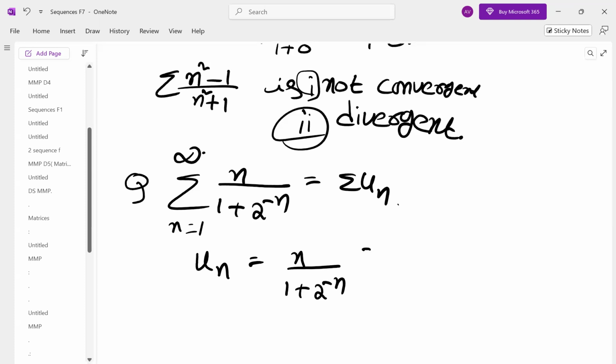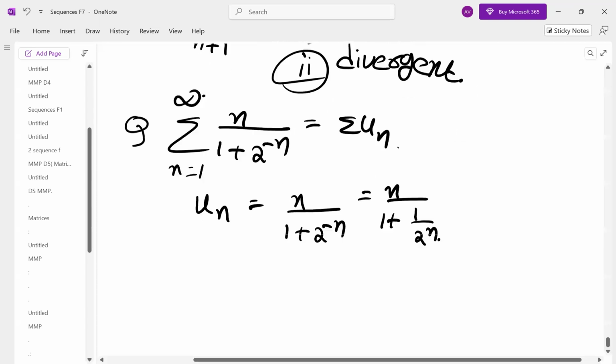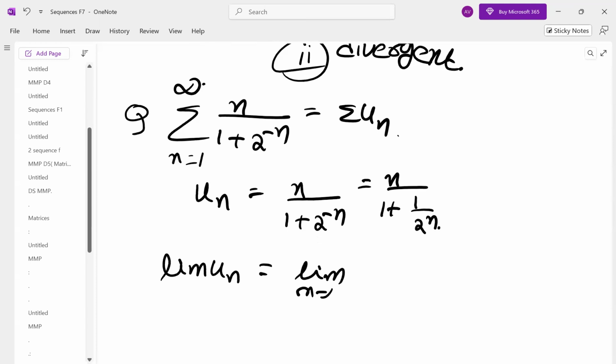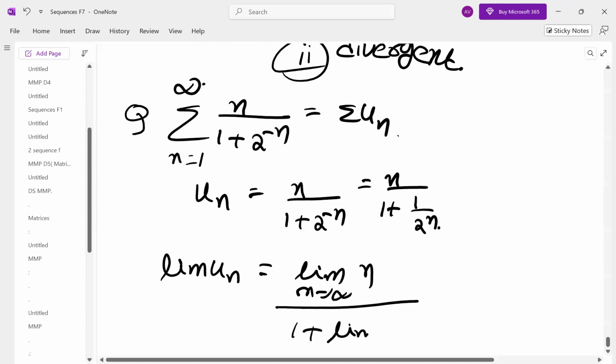You can rewrite it as n by 1 plus 1 by 2 power n. So what is limit un? Limit n tending to infinity n by 1 plus limit n tending to infinity 1 by 2 power n.